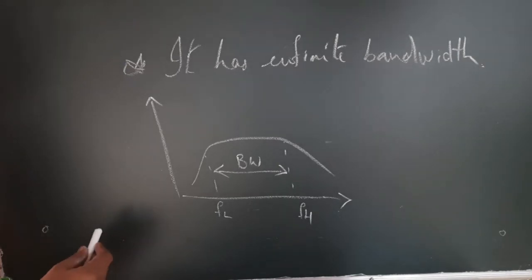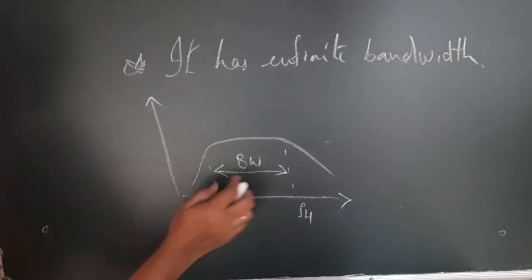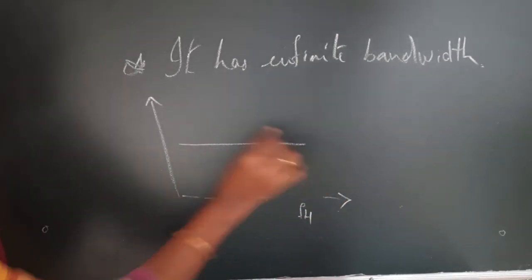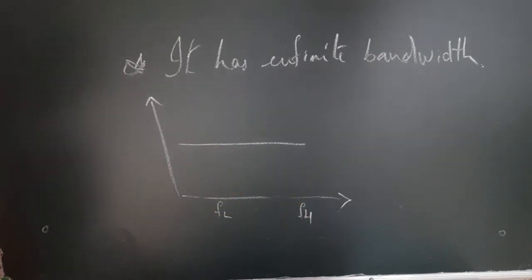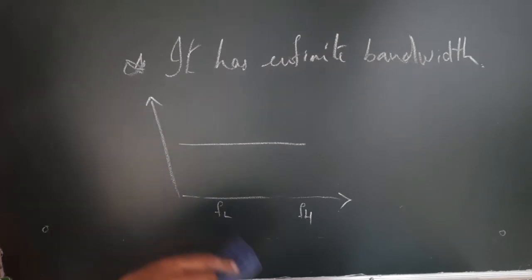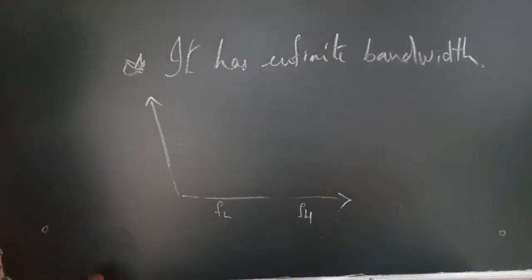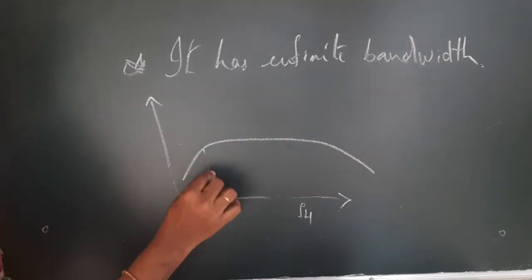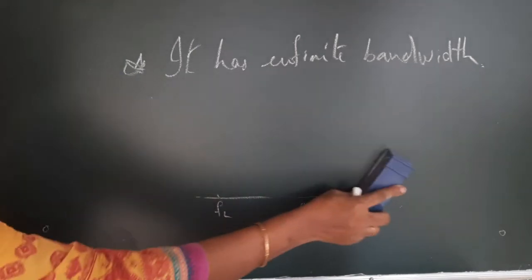When it comes to an ideal op-amp, this bandwidth becomes infinite, or you expect an ideal op-amp to have a frequency response like this, so that its bandwidth is infinite. Now coming to the practical case, you cannot expect an infinite bandwidth, that is a constant gain throughout the frequency, but you can expect a high bandwidth. So this would be the bandwidth for a practical op-amp, though for an ideal op-amp it is said to be infinite.